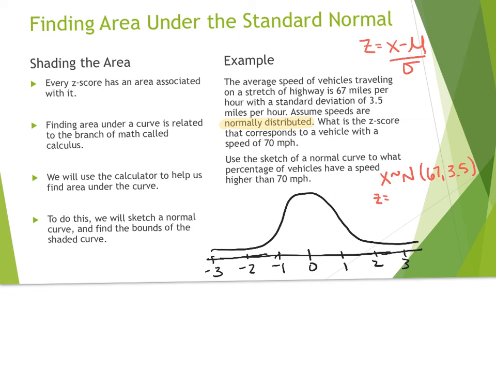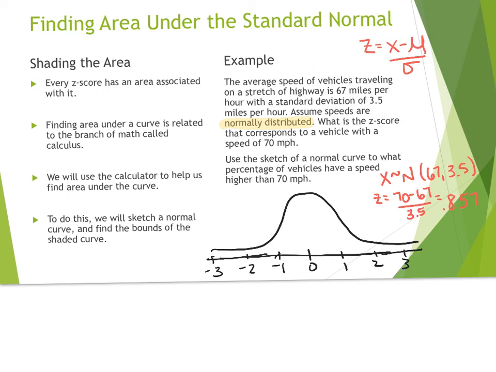The x here that I'm asking about is 70, minus the mean, which is 67, divided by 3.5. So we do 70 minus 67 divided by 3.5, and I get 0.857.